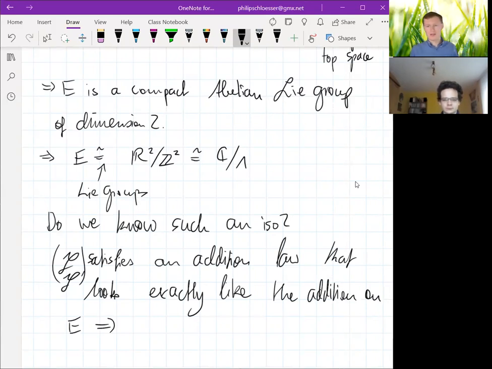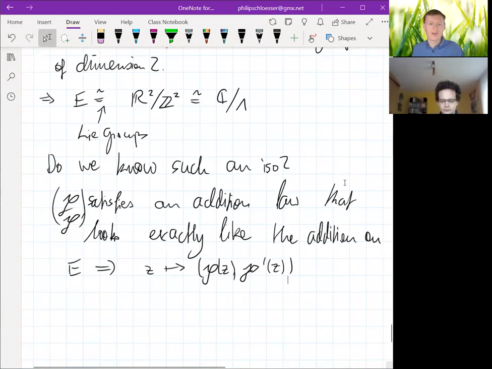Meaning that not only is the map that sends Z to P of Z and P prime of Z, which is the morphism that we use to say that elliptic curves and elliptic functions are the same, that this morphism is actually a group morphism, a group homomorphism.